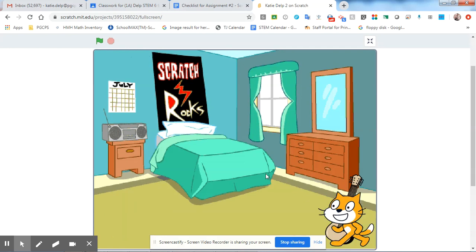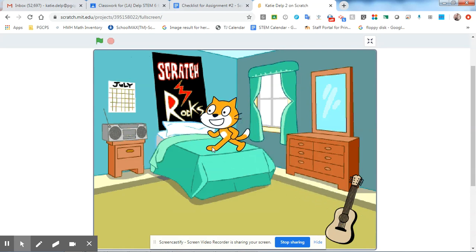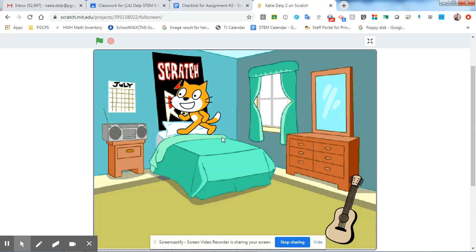He should glide to the top of the bed when the B key is pressed. It's great. He should jump up 10 Y positions when the J key is pressed. He should spin when the S key is pressed. I'm holding it down. All right. And he should move right and face right when the right arrow key is pressed. Point left and move left when the left arrow key is pressed. And that's the assignment. Okay.